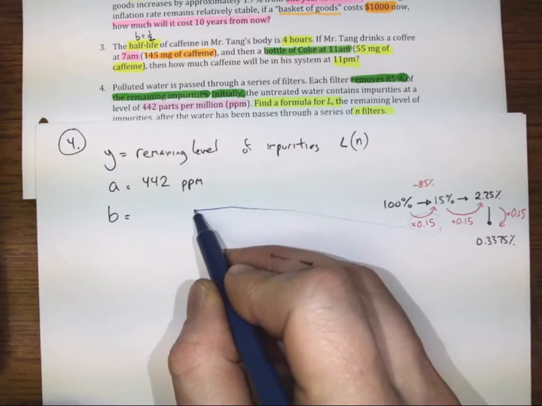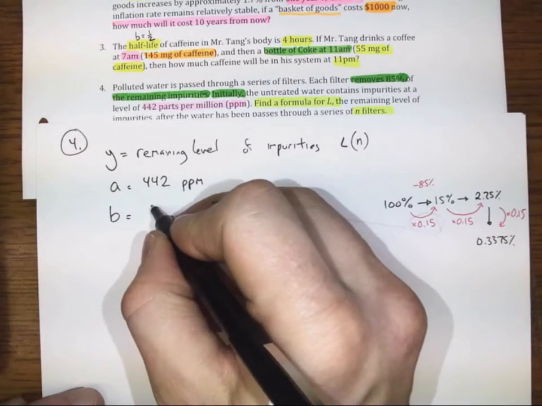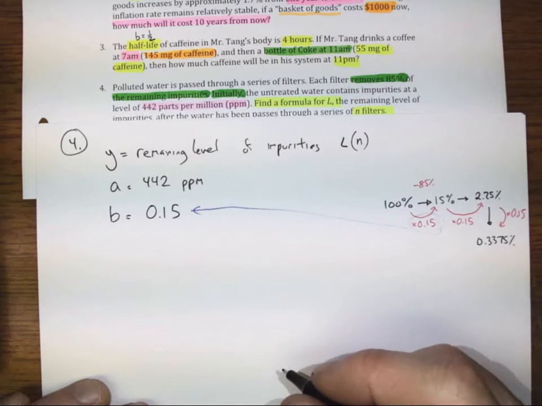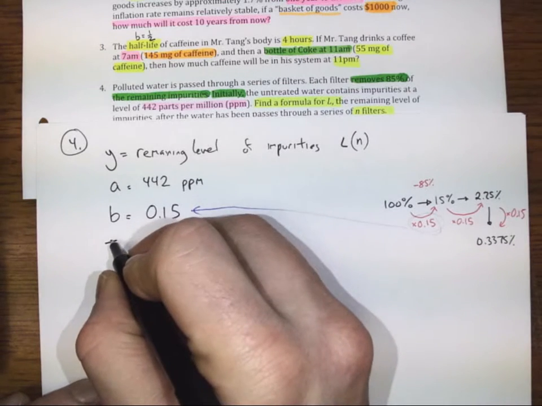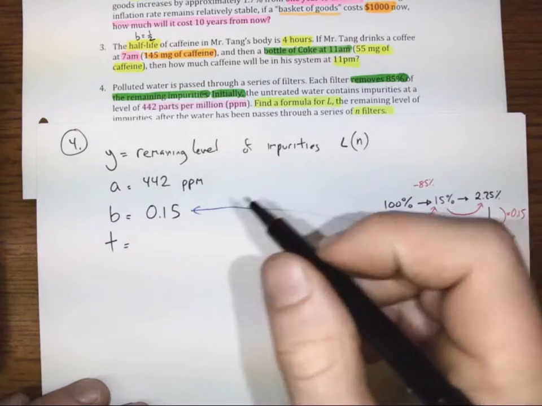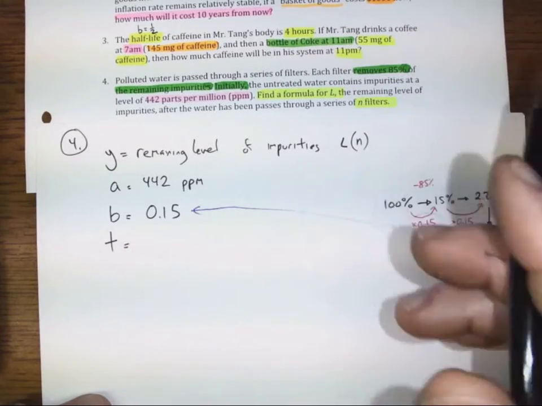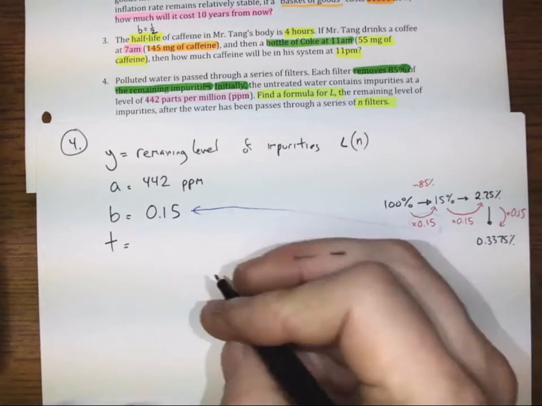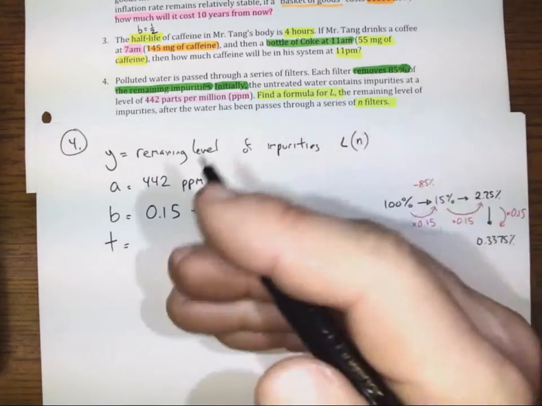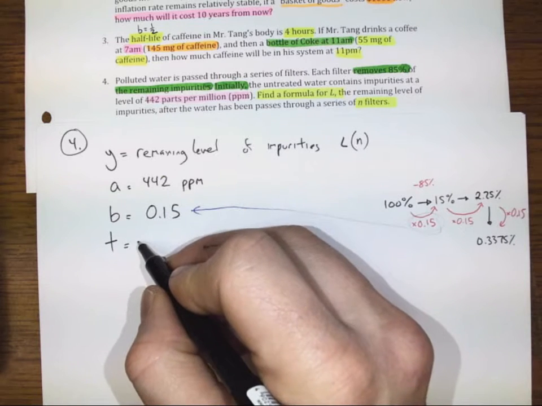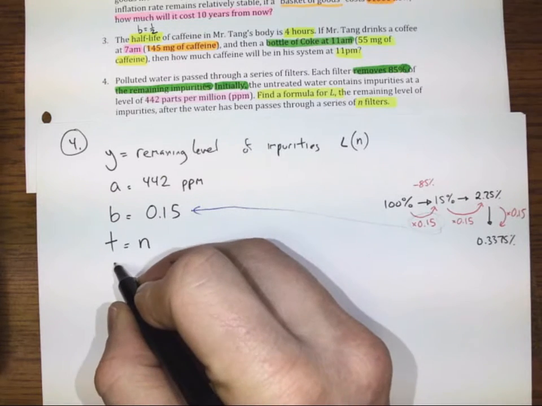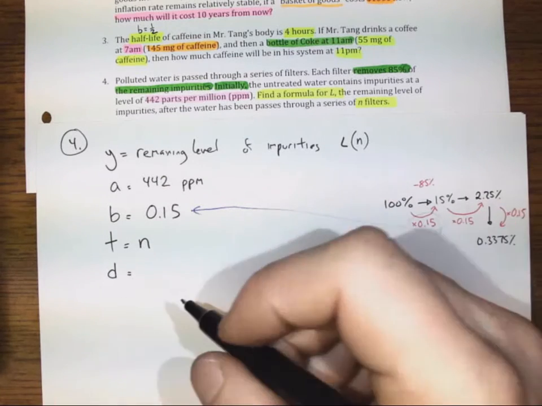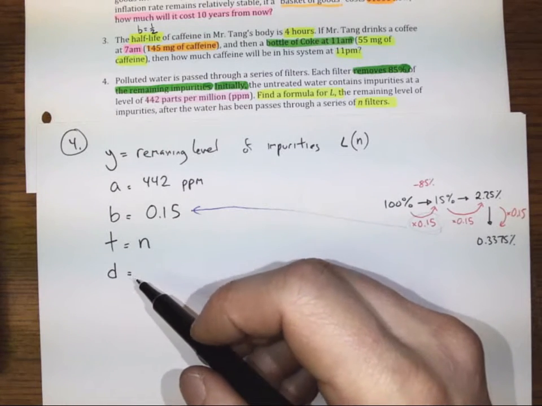Our time, t, is actually the number of filters. So rather than a certain amount of time, we're just going to express it as a number of filters, the number of times this process repeats. So we're going to call that n. And our d is, well, we're not really talking about a period in this case, so we're actually going to call it 1.